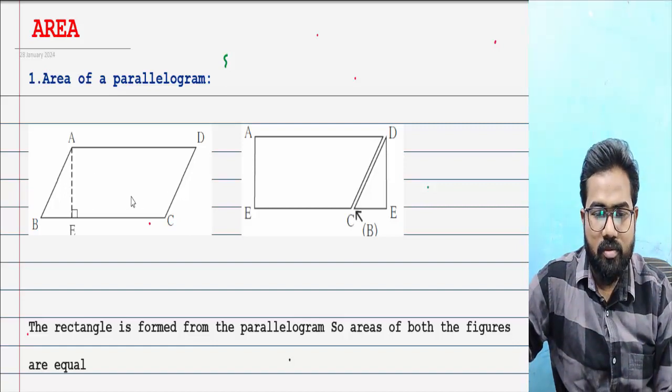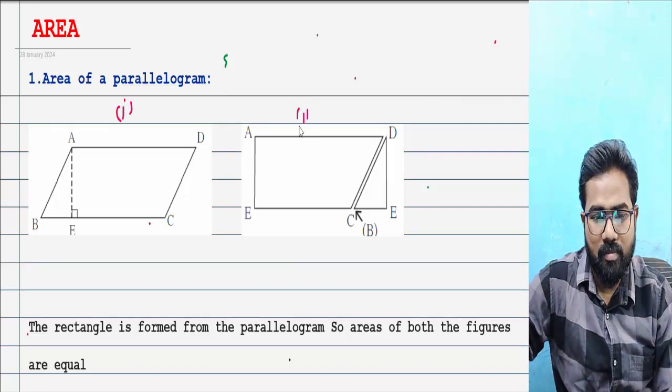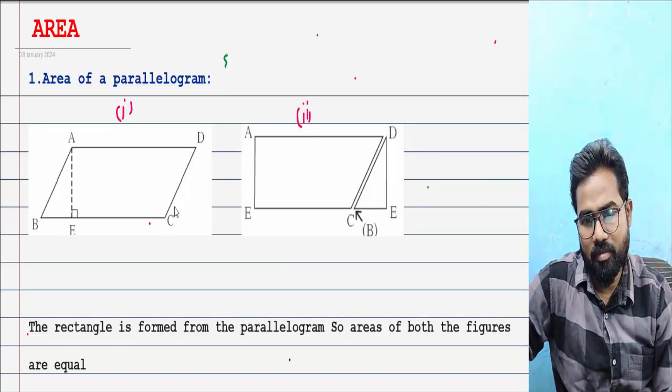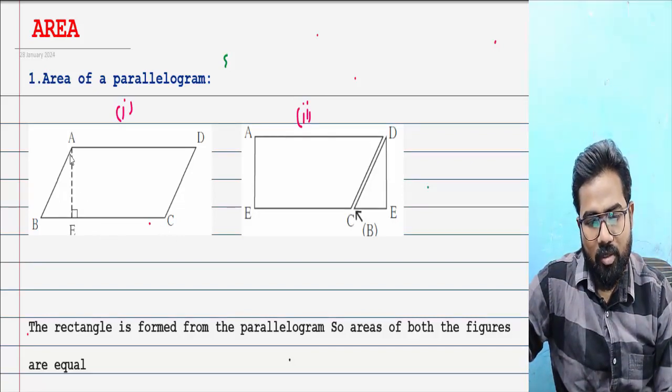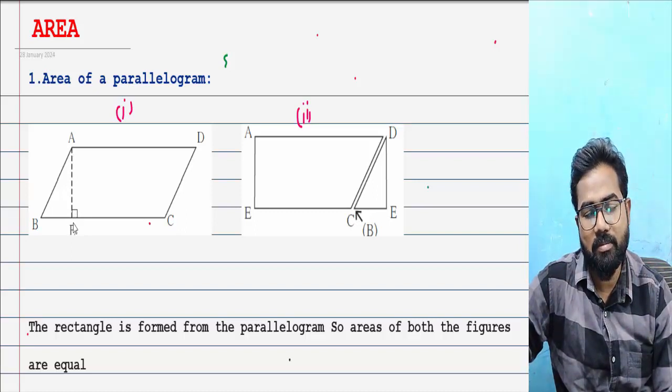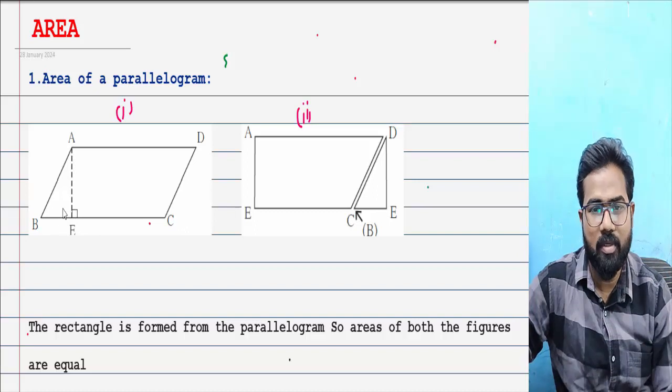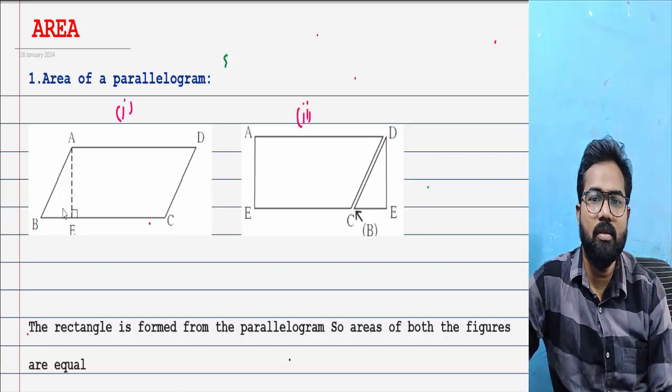So let us discuss something. You can see this figure number 1, and this one is your figure number 2. In figure number 1 you can see a dotted line AE. This line has a right angle sign. This sign indicates that it is an exact perpendicular. And what is the perpendicular?